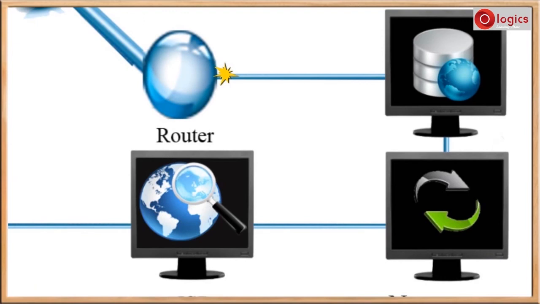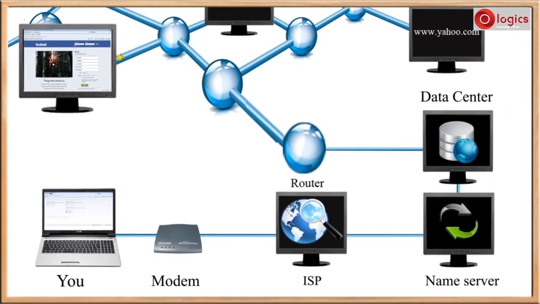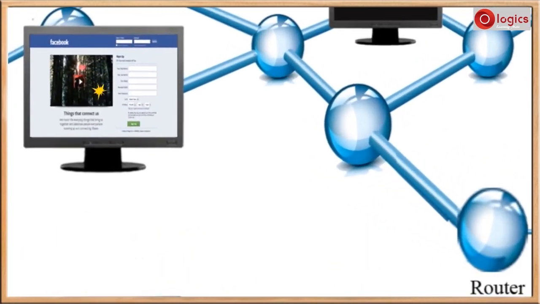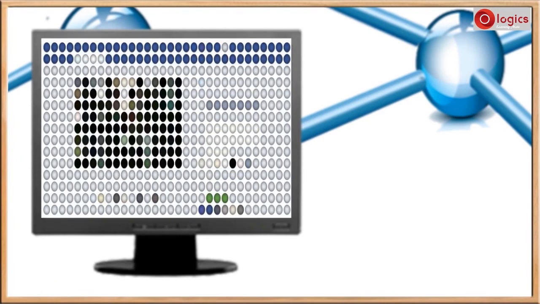The server takes the user request and processes it. The requested page or file is first converted into data packages and is ready to travel in the network.